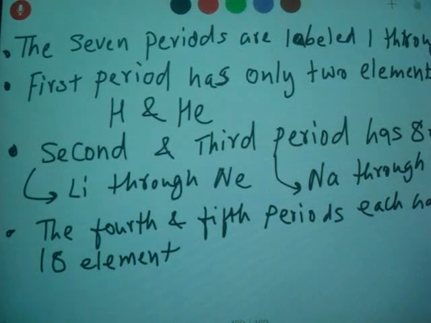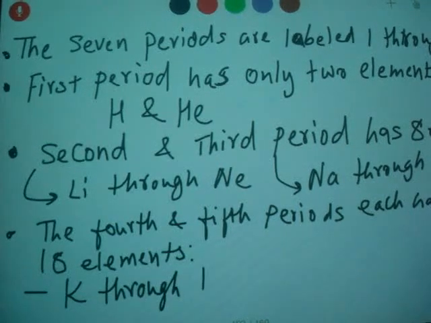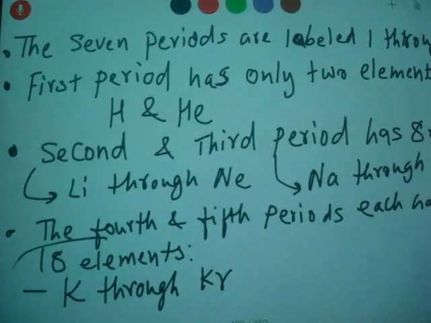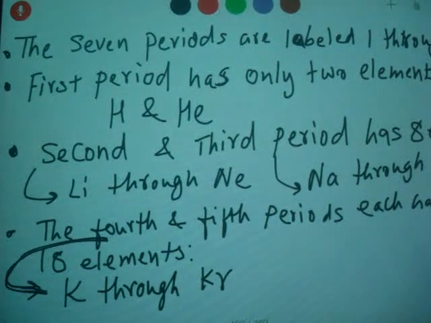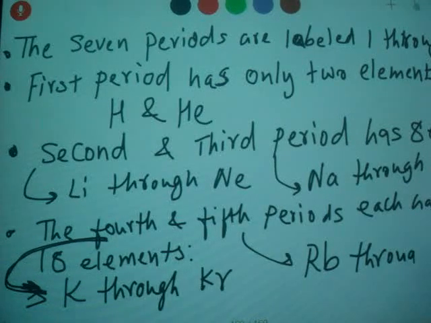The fourth one is from K through krypton, and the fifth one is from Rb through Xe, xenon. So that way those elements and their periods are assigned.